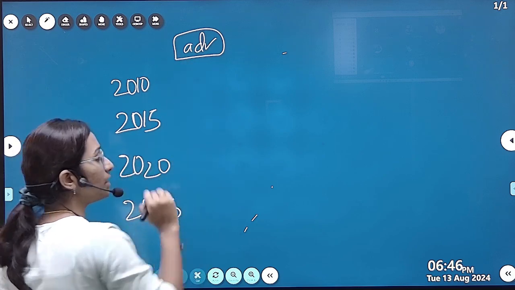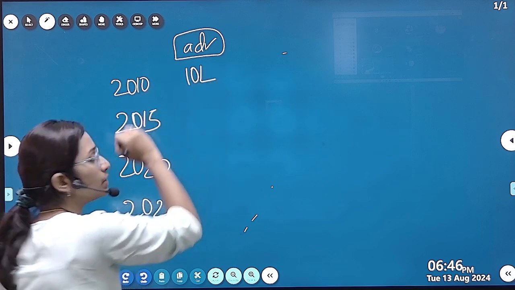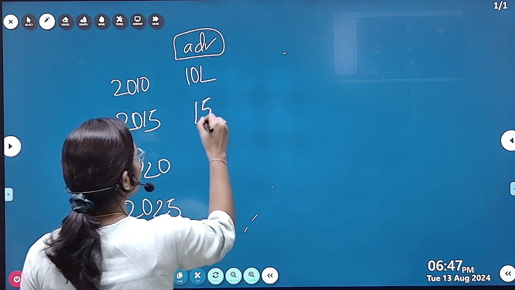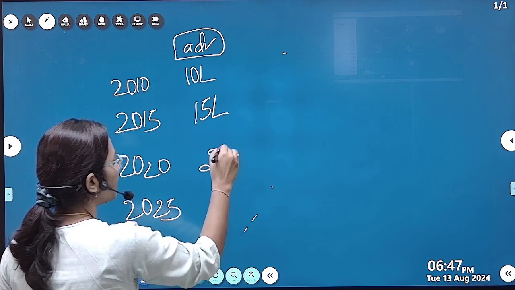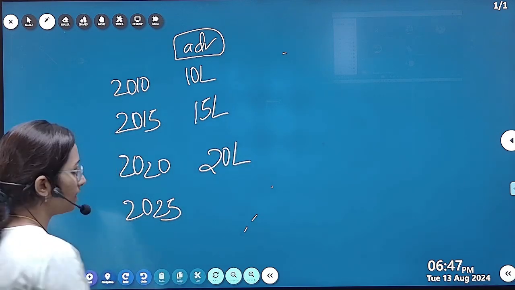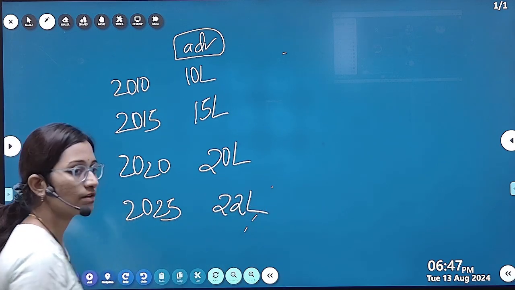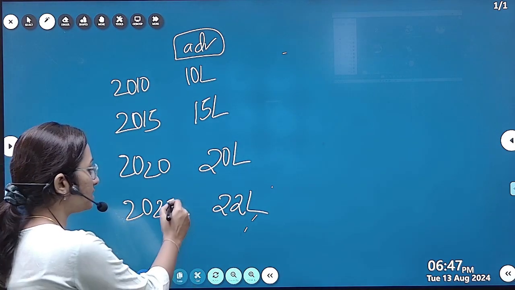I have made an advertisement cost of 10 lakhs in 2010 and 15 lakhs in 2015 and 20 lakhs in 2020 and 22 lakhs in 25.